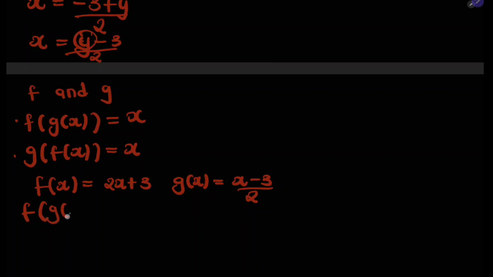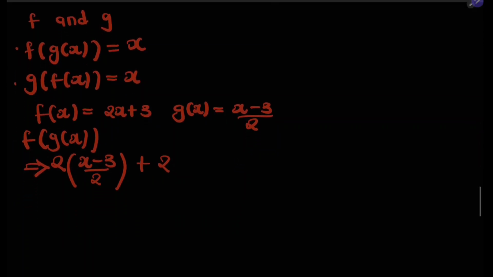F of g of x. Remember, it should be equal to x. So we are going to have 2 into x minus 3 on 2 plus 3. That is what we have. And as we can see from here, they will cancel out.